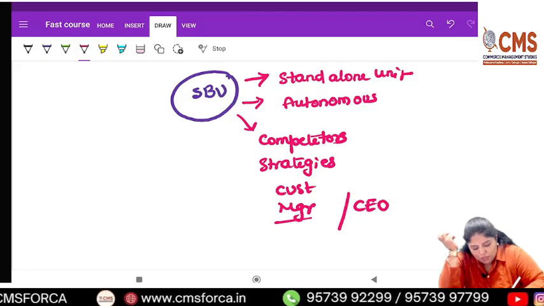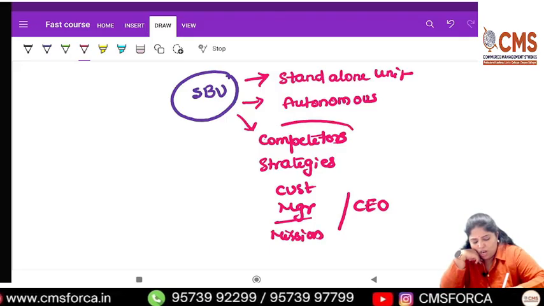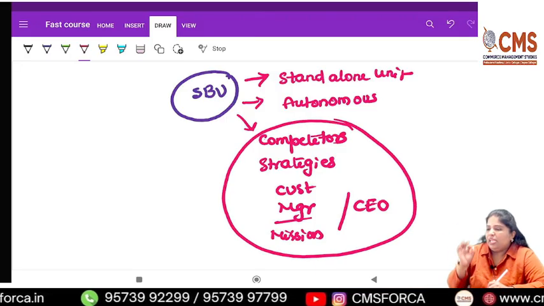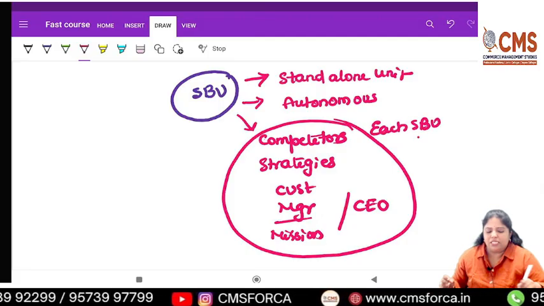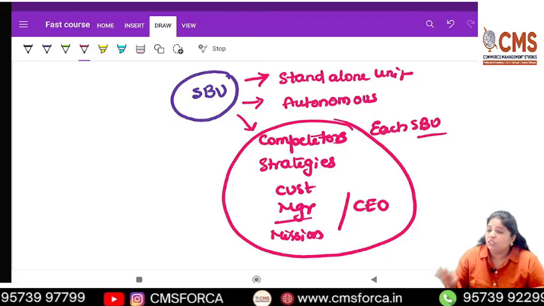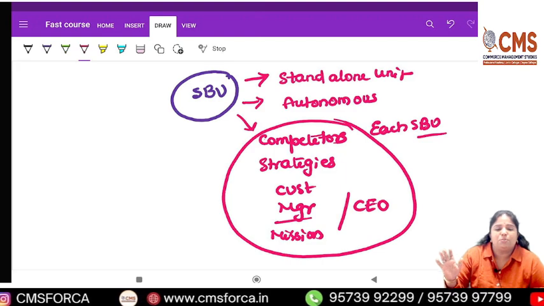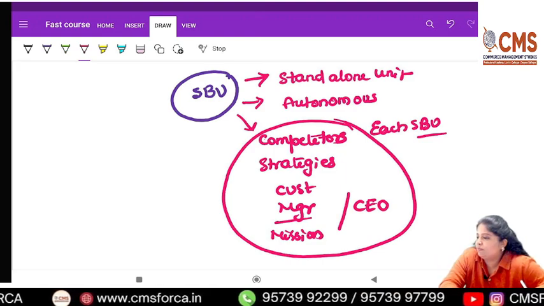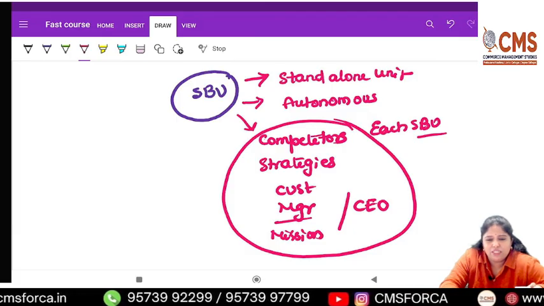And each SBU will have its own mission. This is what we need to understand. Each SBU will have its own set of competitors, its own strategies, its own mission statement, its own manager, and each SBU can have its own CEO as well. Are we good till here?